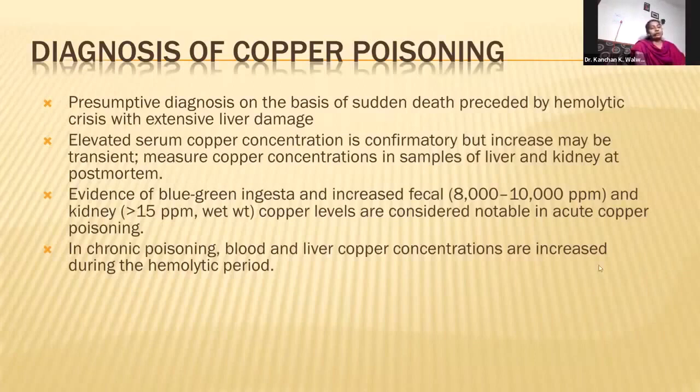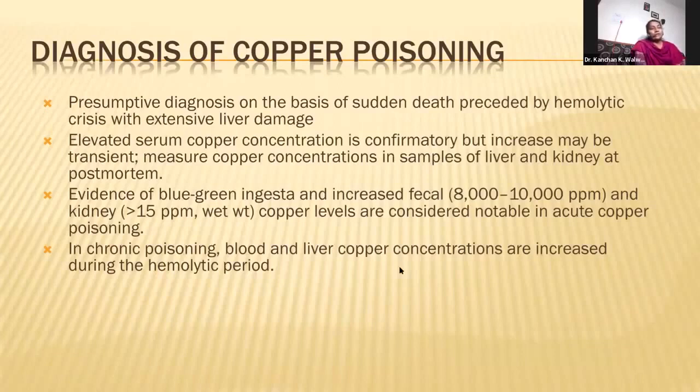Then you can also go for collection of the blood, and you can see the copper concentration in the blood. Usually, if you are taking a blood sample randomly in live animals, the increase in the copper is very transient. Blood copper level increase is very transient, so many times it goes unnoticed.